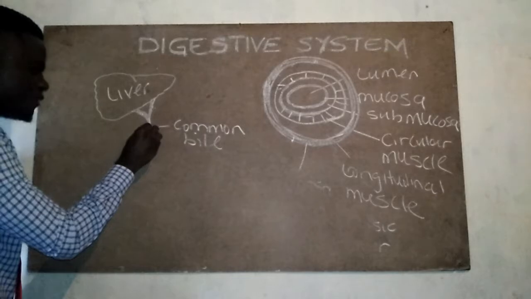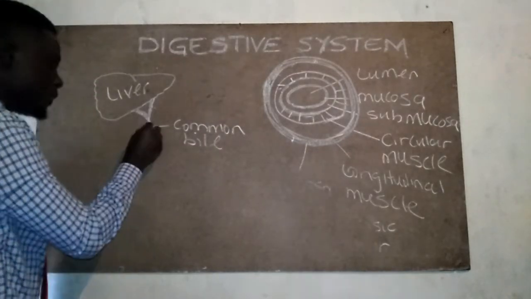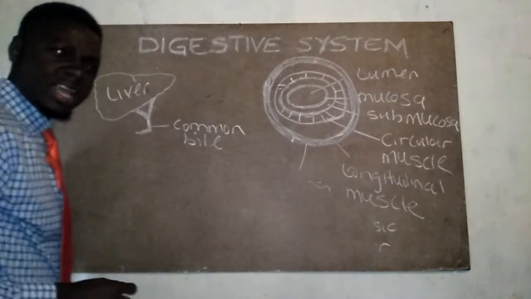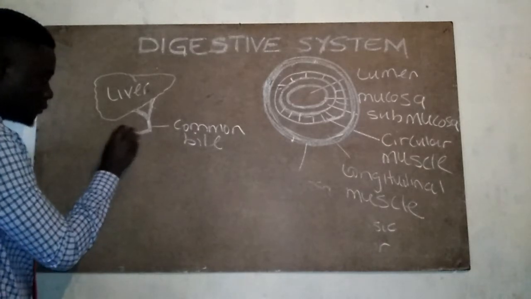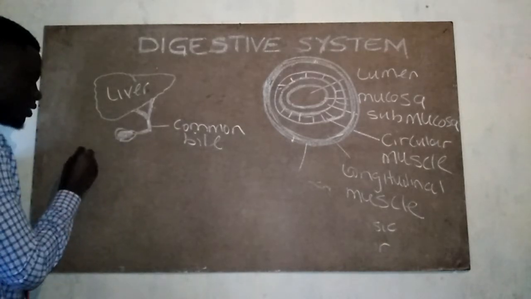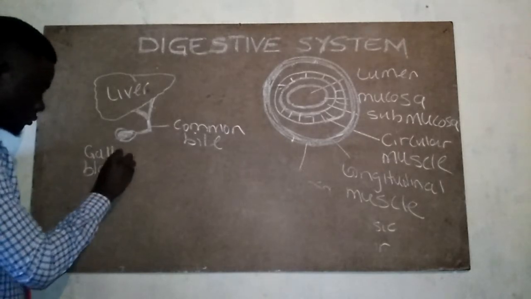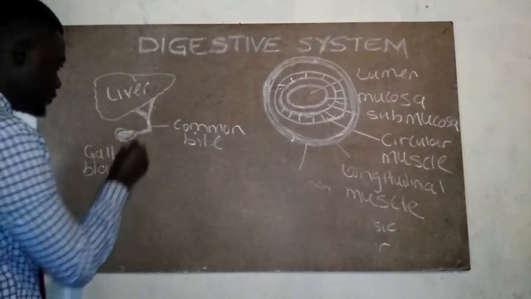And coming from the liver, you probably know we have the gallbladder, and the gallbladder is connected to the common bile duct via the cystic duct. So here we have the gallbladder. And here we have the cystic duct.